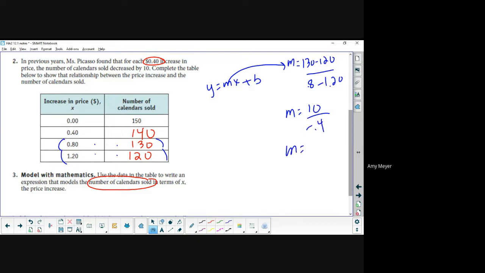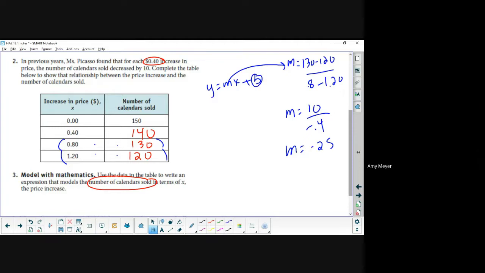Here's why I said you might get a fraction, which is fine. Type this in, or maybe you already did. What do you get when you take 10 divided by negative 0.4? Yeah, negative 25. That's a much better number and easier to understand than 10 over negative 0.4. So that's your slope. Is it going to be difficult to find our intercept?